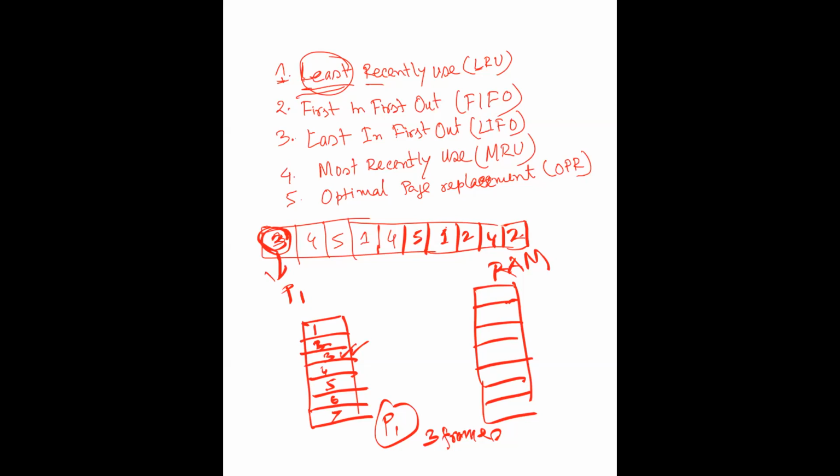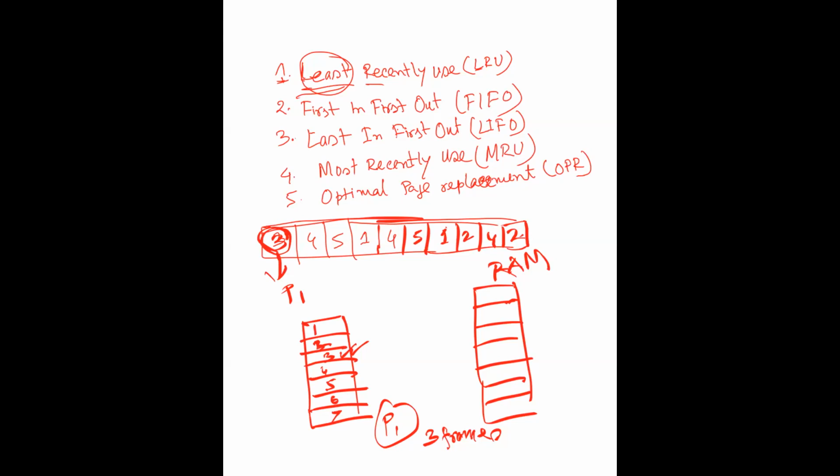From here, we'll count, for this page sequence referenced by the CPU, how many page faults occur if we use the least recently used algorithm.